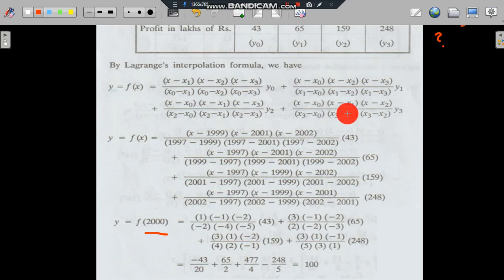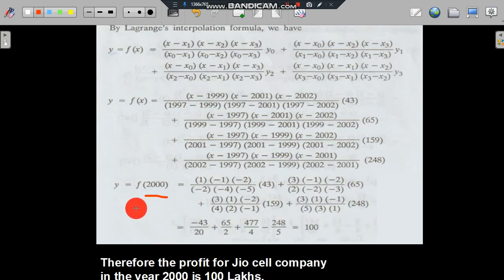In this equation you substitute 2005, and you'll get some value here. This value would be the corresponding profit in the year 2005. When you substitute and simplify, you will get some number, and that number is the corresponding profit in the year 2005.